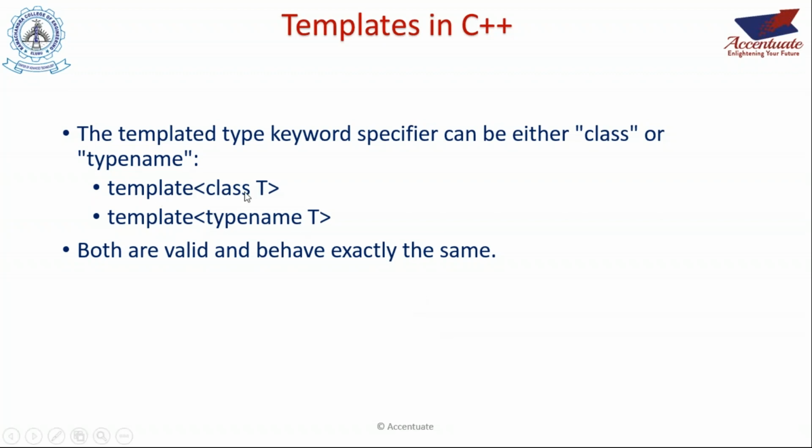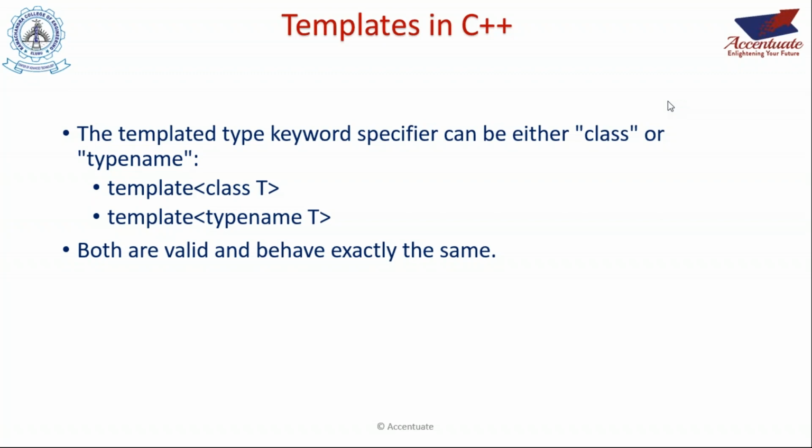See, template class T and template typename T. As you can see over the screen, in the second two points, we have a template within the angular brackets, I have a class and then T, and then I have my template typename and then T.